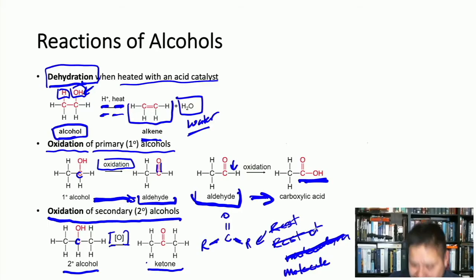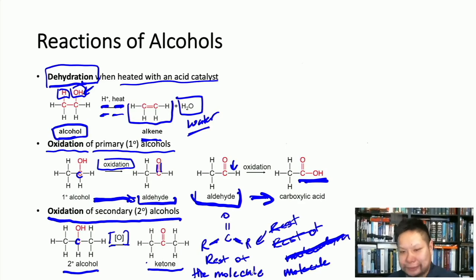I'm gonna start over. Here we go. Rest of the molecule. Now you really think these Apple pencils are supposed to work really well, but sometimes they don't.